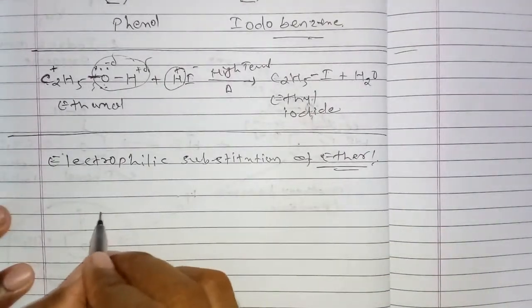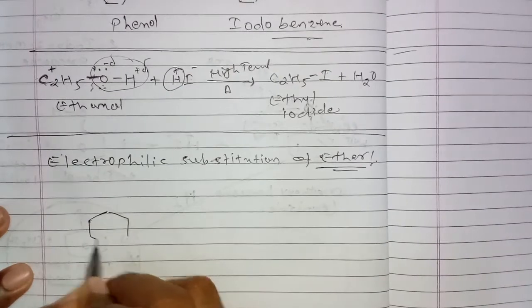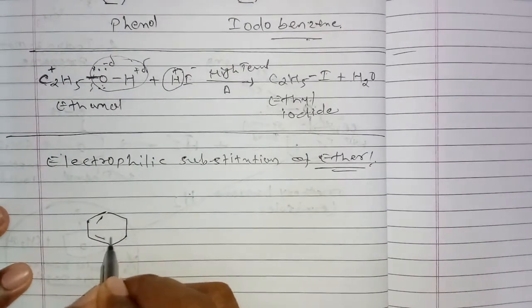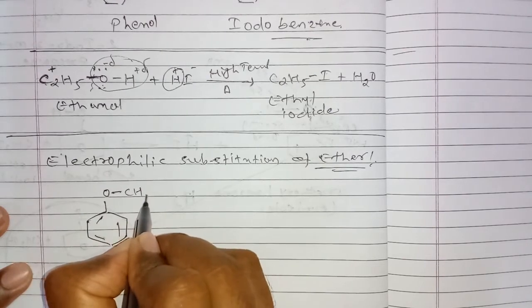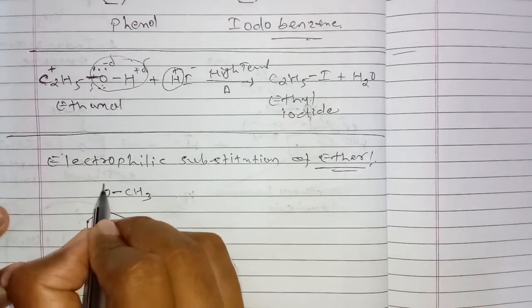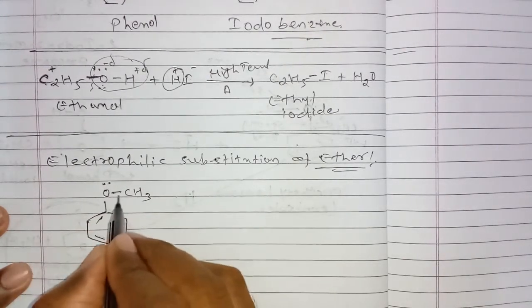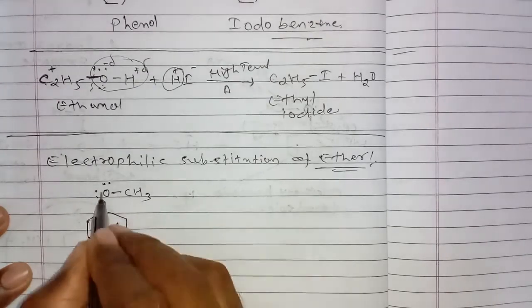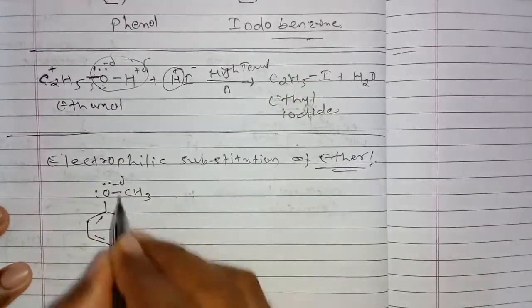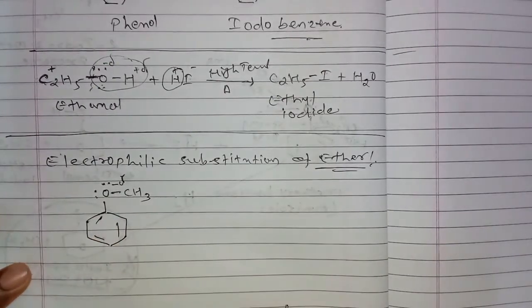Here the oxygen atom of the methoxide has two lone pairs of electrons and a partial negative charge.